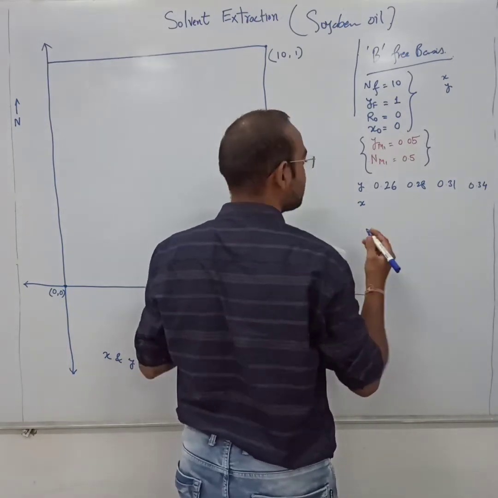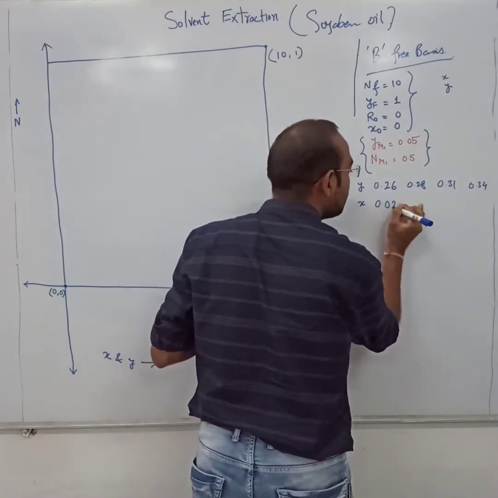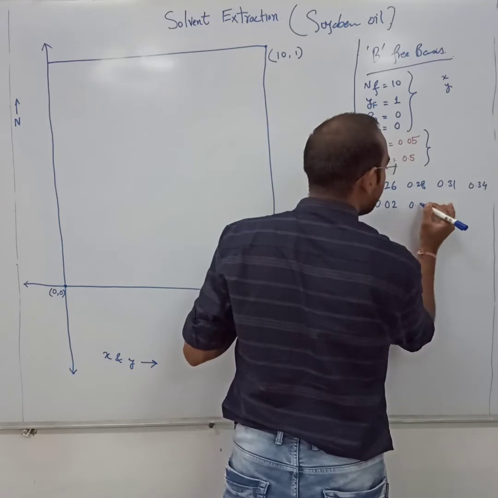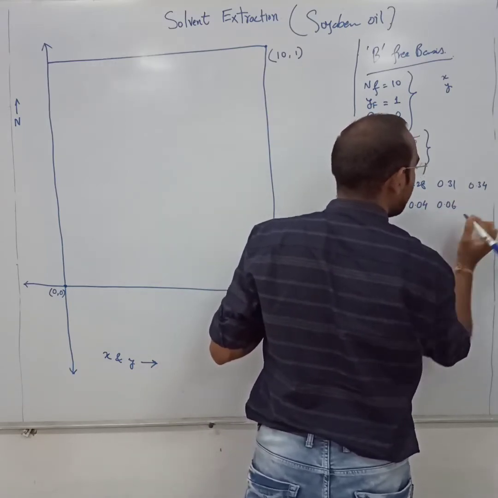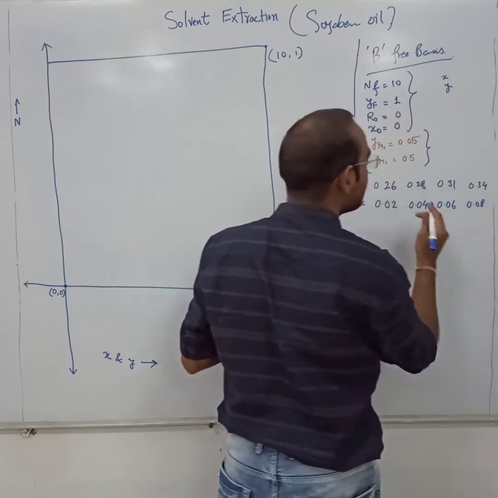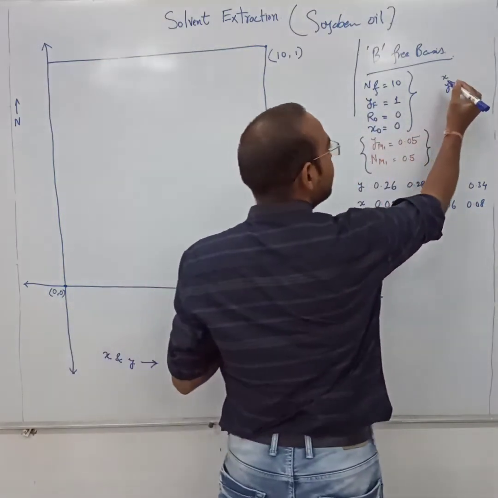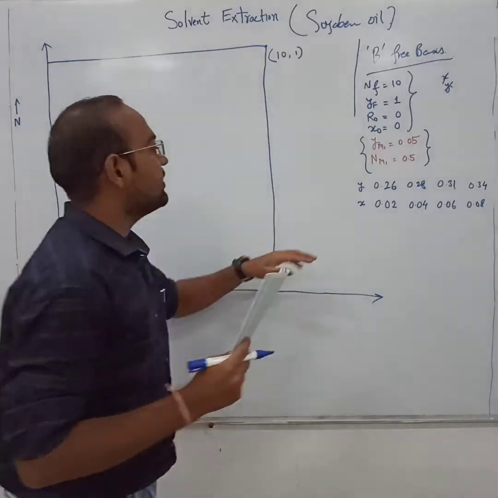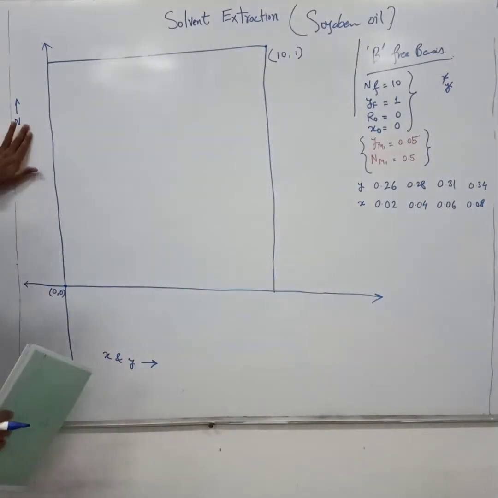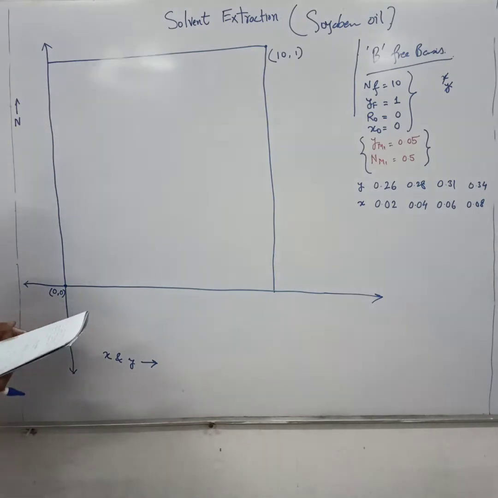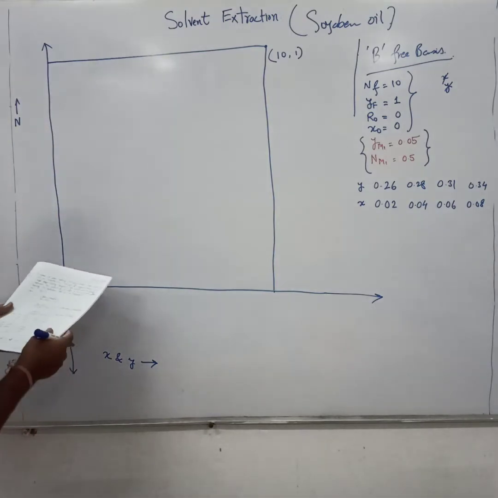And the data of small x is 0.02, 0.04, somewhat symmetrical data, 0.06 and 0.08. These are the 4 values of small x and y, and this x and y get plotted on the horizontal x-axis and capital N is plotted on your vertical axis. Now we will draw one tie line.